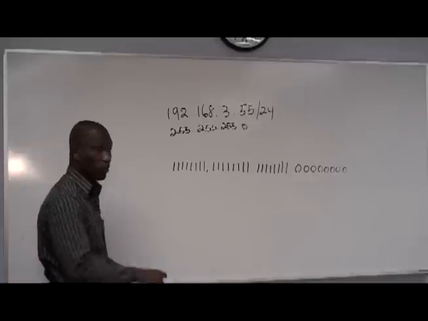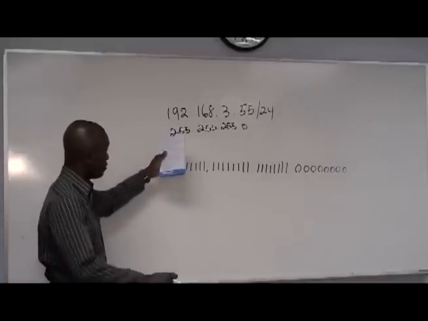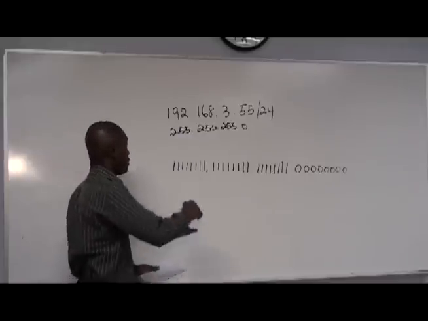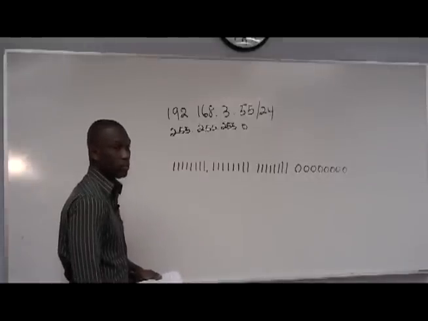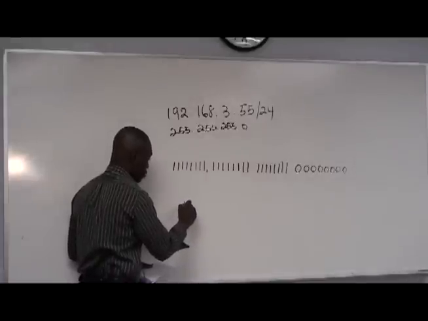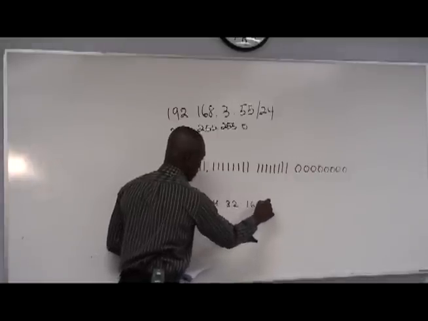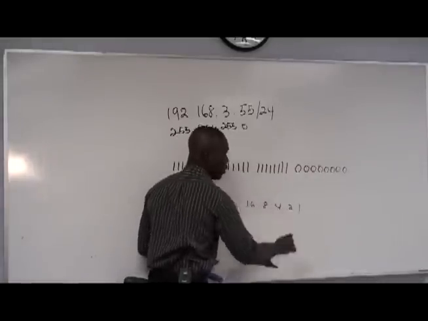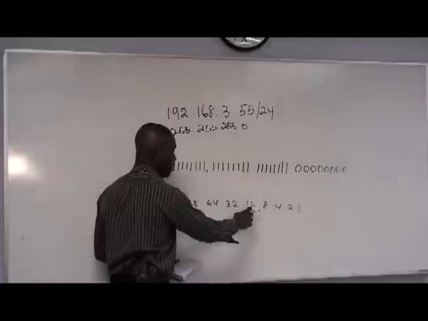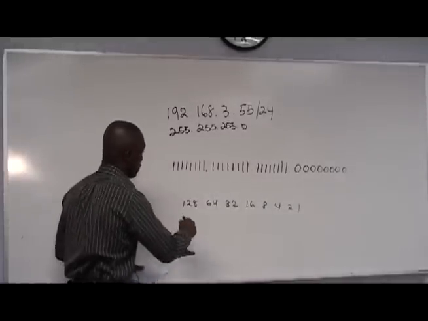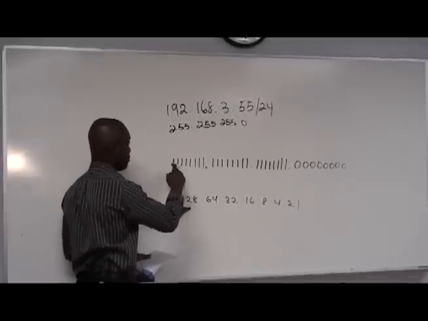Now, we're going to work out the binary for this IP address, 192.168.3.55 in this case. What will be the conversion for 192 in terms of the place values? The place values again are 128, 64, 32, 16, 8, 4, 2, and 1. So how do we arrive at the first octet, 192?